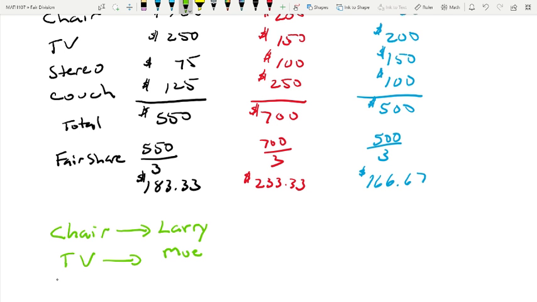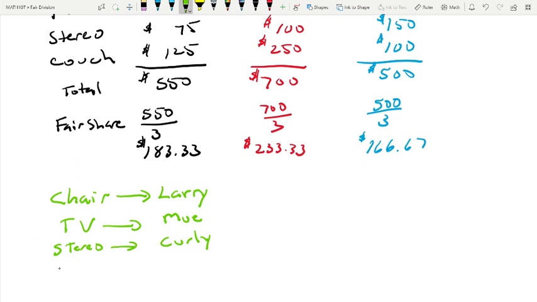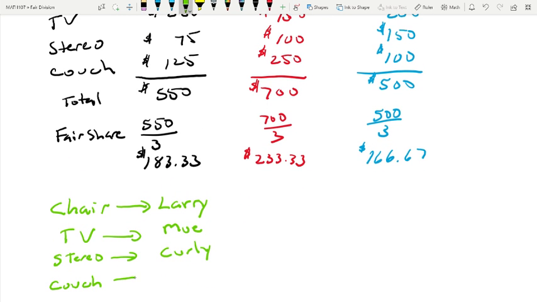Then the stereo at $150 goes to Curly. And then the couch, with a bid of $250, also goes to Larry. Now we need to figure out how they did compared to their fair share.